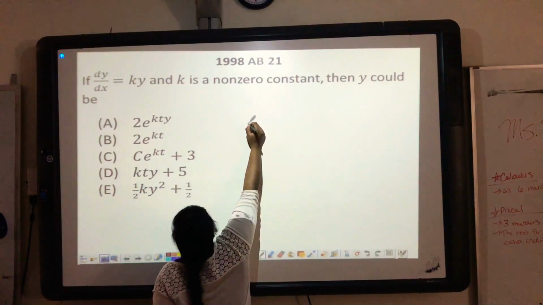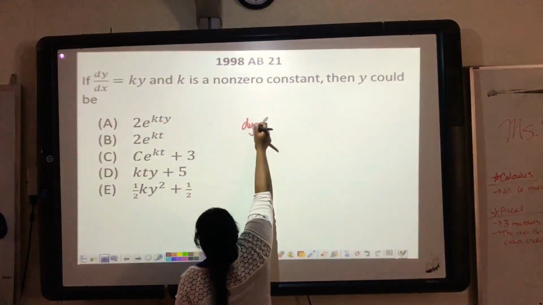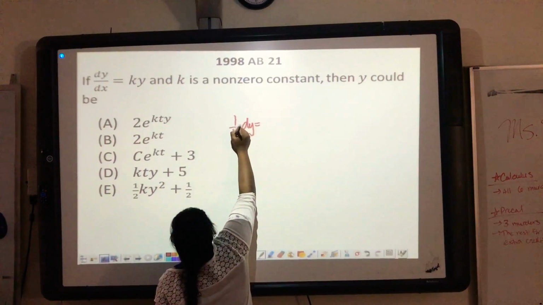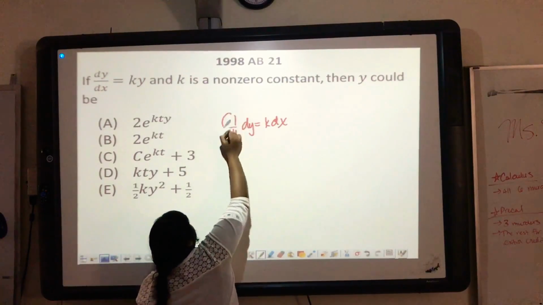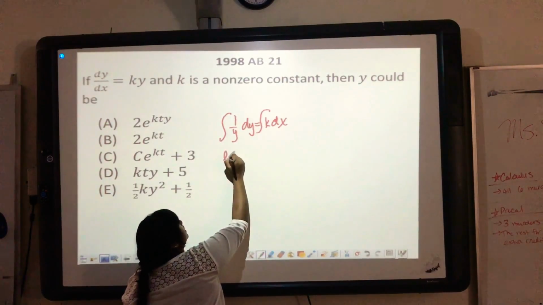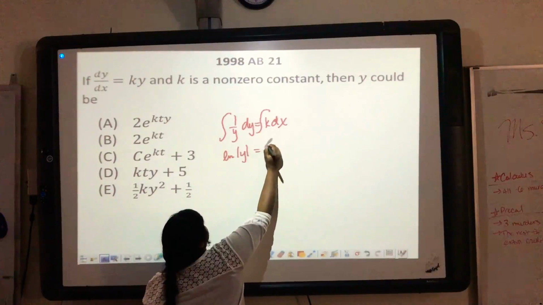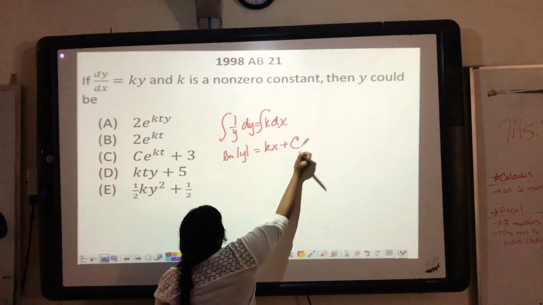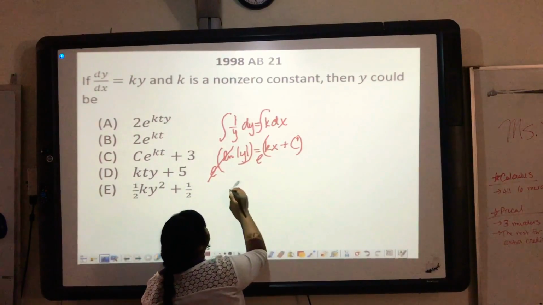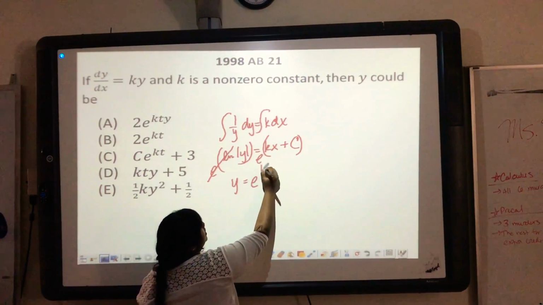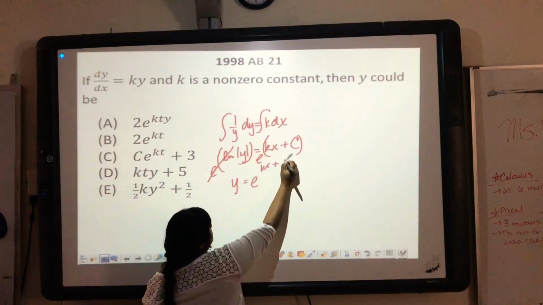So let's go ahead and start there. Let's separate the variables. So dy over y is going to be equal to k dx. We've seen this before. If I integrate those, this becomes ln of y is equal to kx plus c. I take my e, and this becomes y is equal to e to the kx plus c.